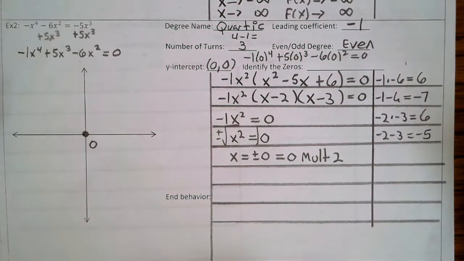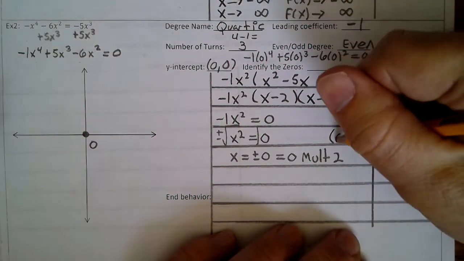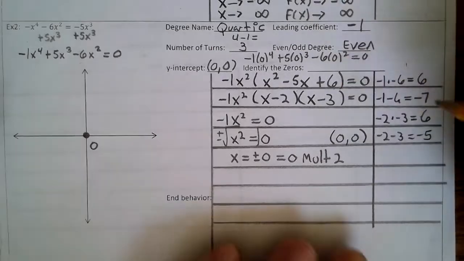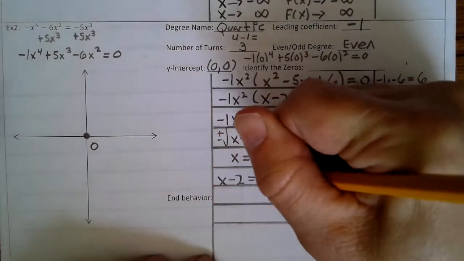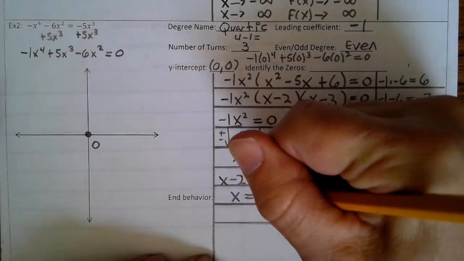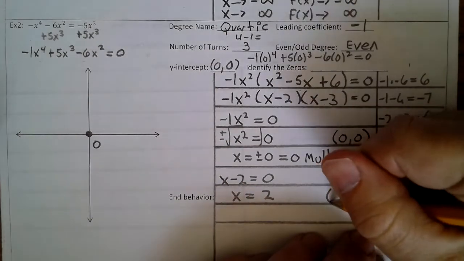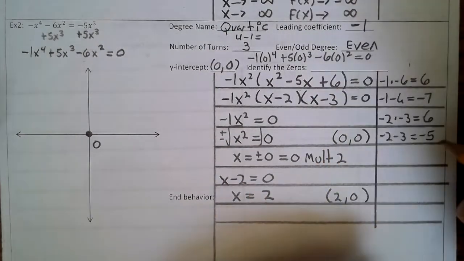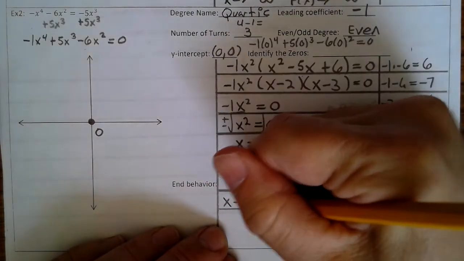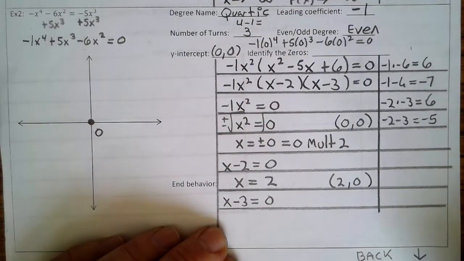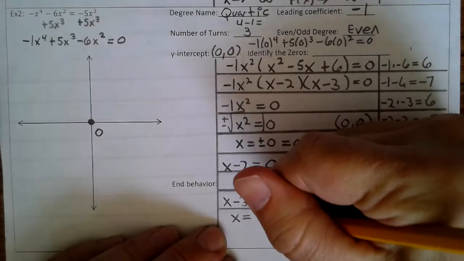Okay, now we said x minus 2 equal to 0. So x equals 2. So 2 comma 0. And x minus 3 equal to 0. So x equals 3. So 3 comma 0.